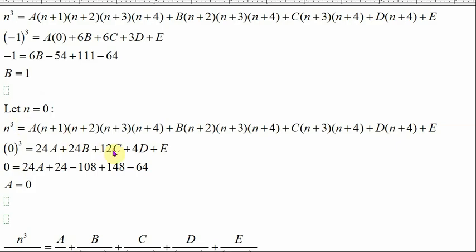C is negative 9, so 12 times negative 9 is negative 108. D is 37 times 4, so it's 148. And then E is minus 64. And then A will come out to be 0.